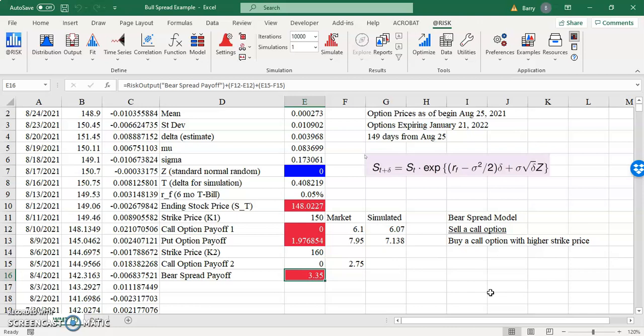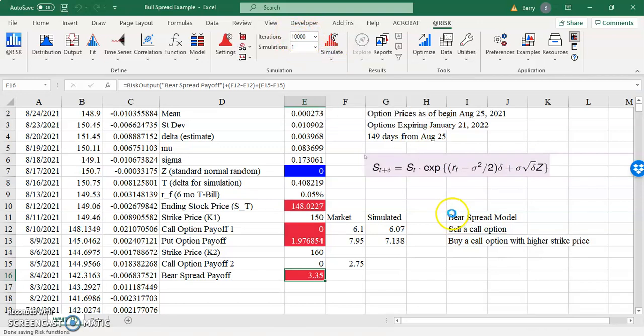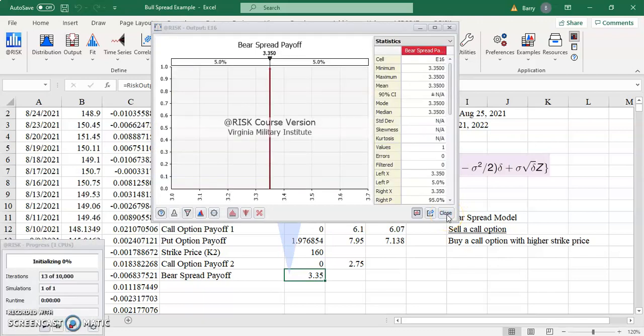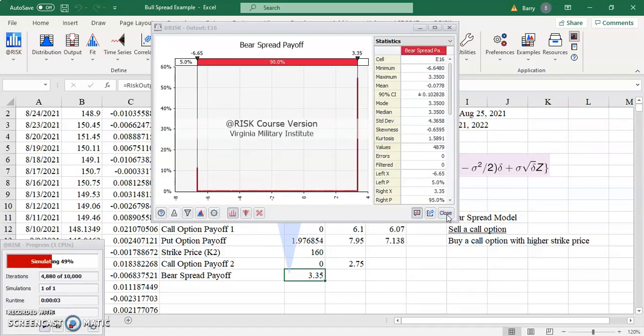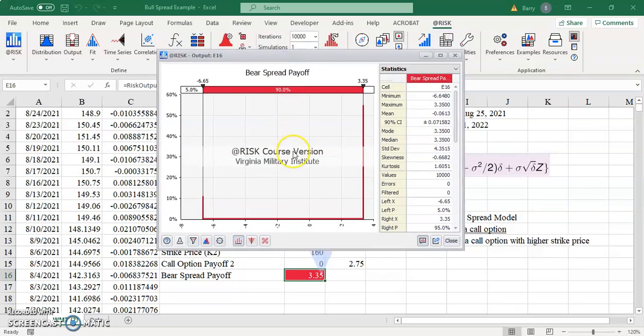Okay, so we're ready to go ahead and run the simulation for this bear spread payoff. I'm going to run 10,000 trials to get a good estimate. Here is the output window for the bear spread payoff.